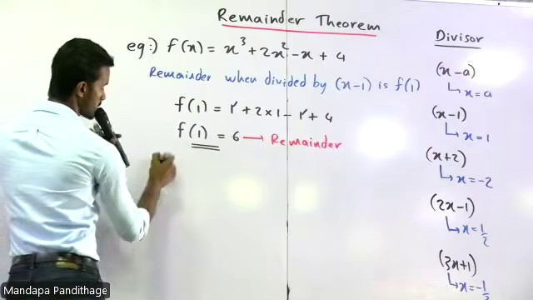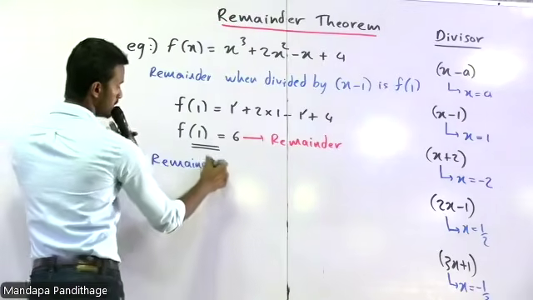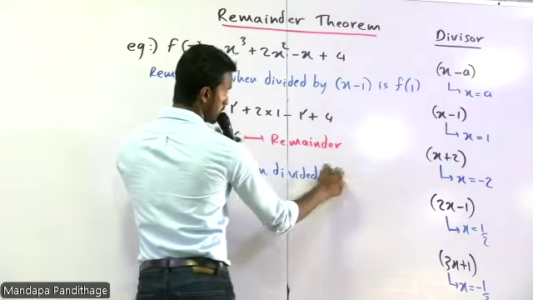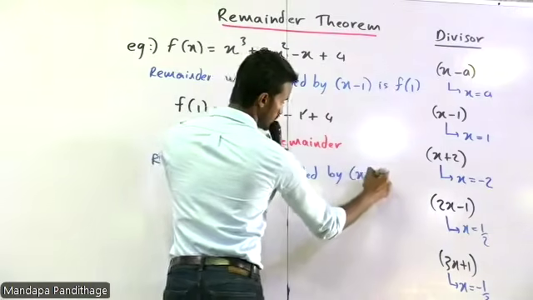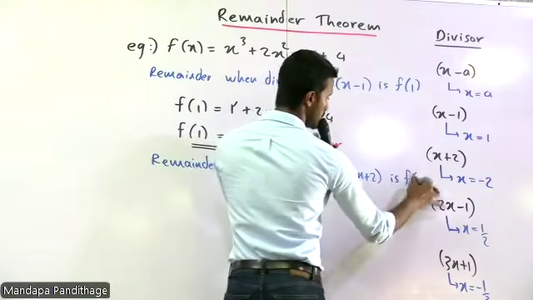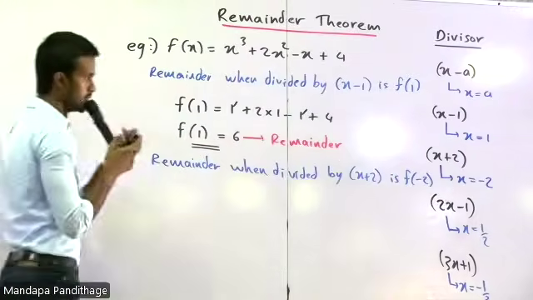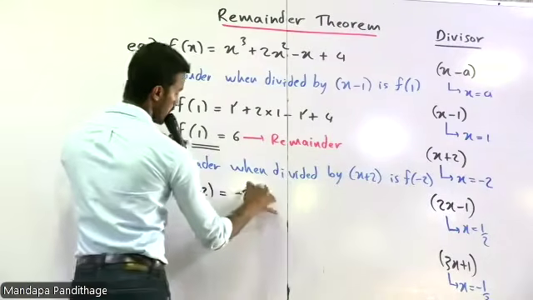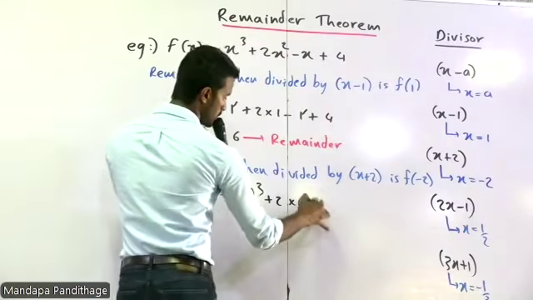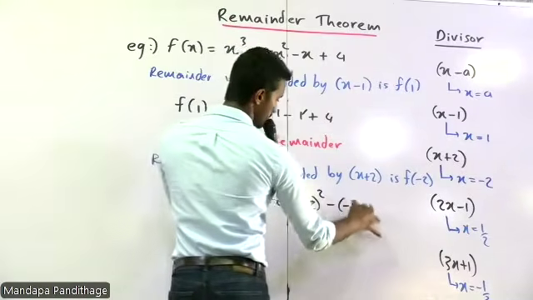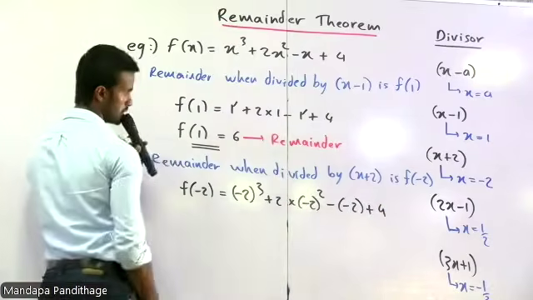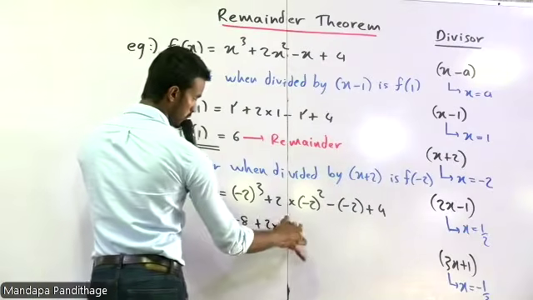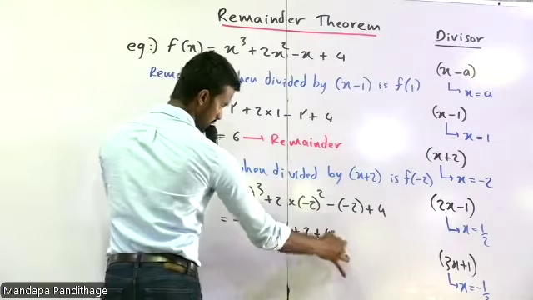The remainder when divided by x plus 2. What is the remainder? According to the remainder theorem, it's f(-2). Substitute minus 2: minus 2 cubed plus 2 into minus 2 squared minus minus 2 plus 4. So here it's minus 8, 2 into 4, minus minus is plus 2, plus 4.